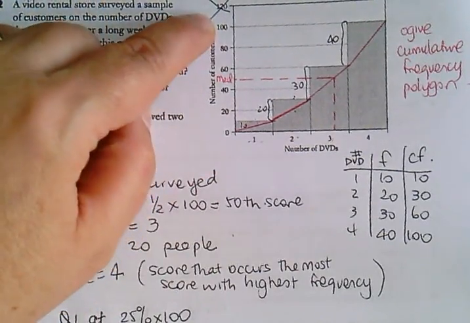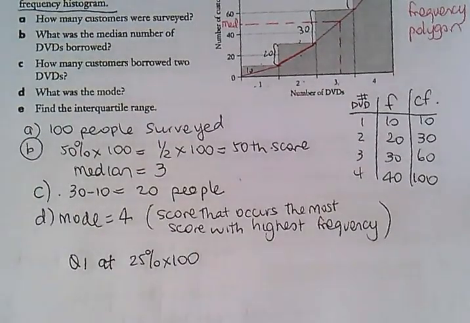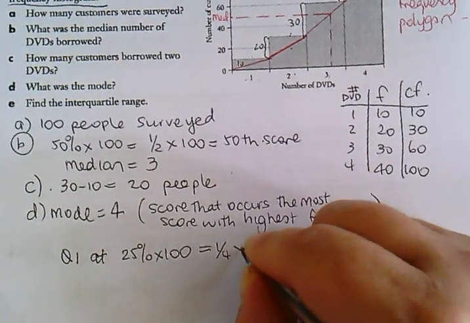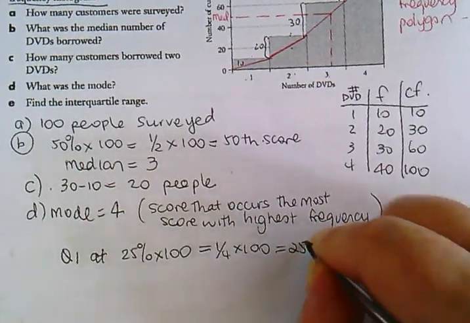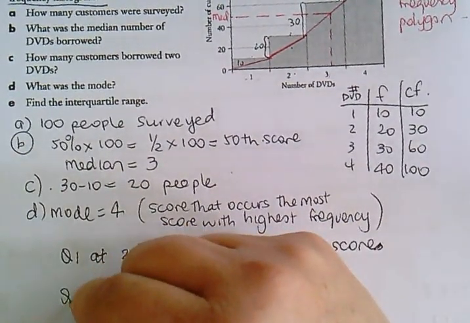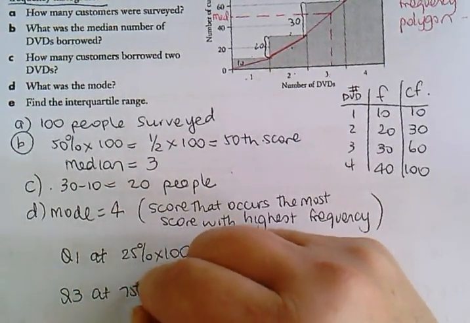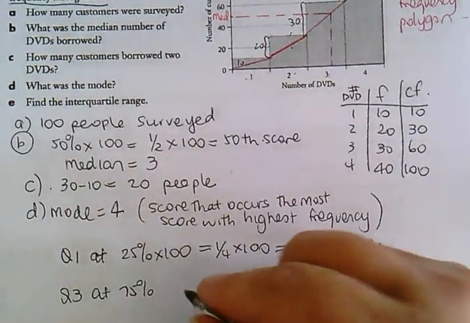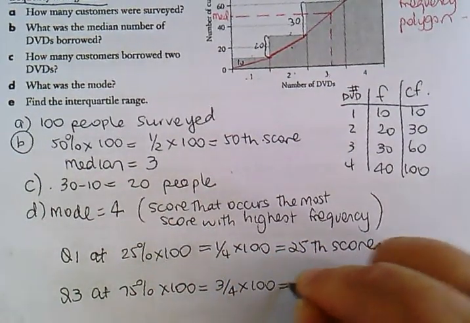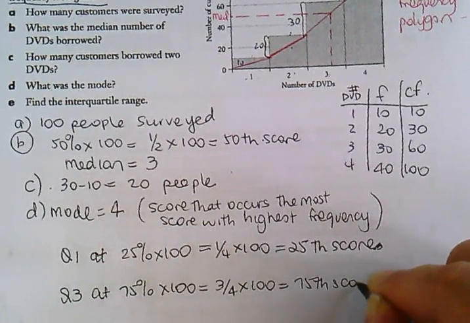If it was 60, I'd say 25% of 60. We're going to practice some of those in the next question. Here it's a quarter of 100, which is the 25th score. And Q3 is at 75% of 100, or the 3/4 mark, the 75th score.